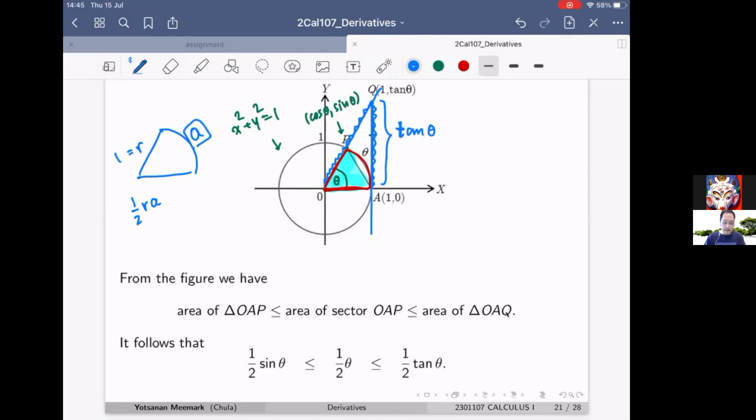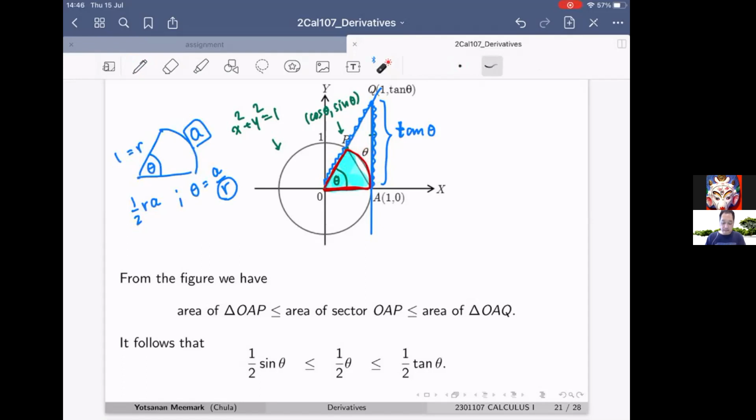The angle theta has the relation with the length of the arc and the radius: theta equals A over R. But here R happens to be 1, so the arc and the angle theta have the same real number value. You need to measure the angle in terms of real numbers, so the arc is also theta.